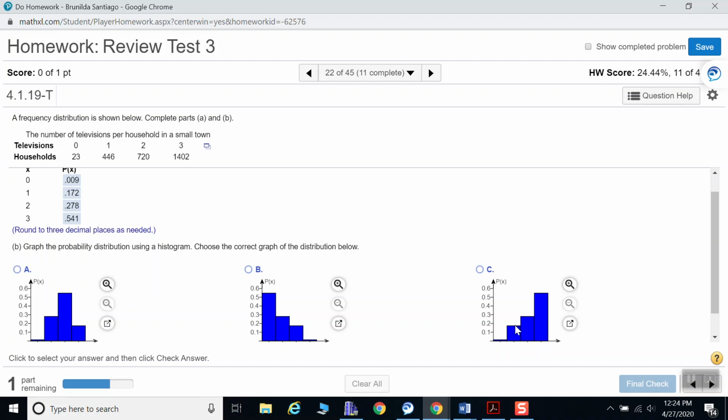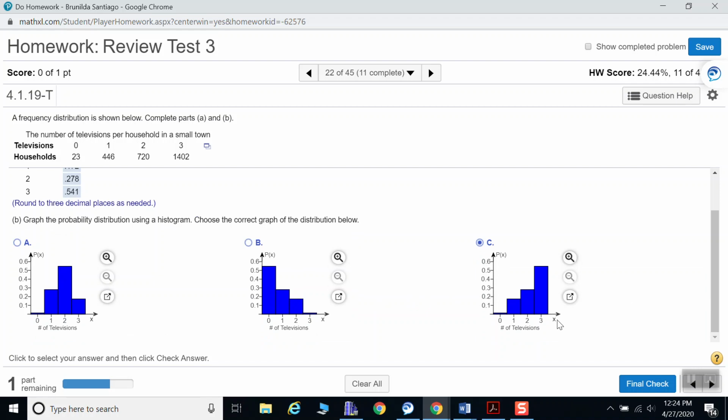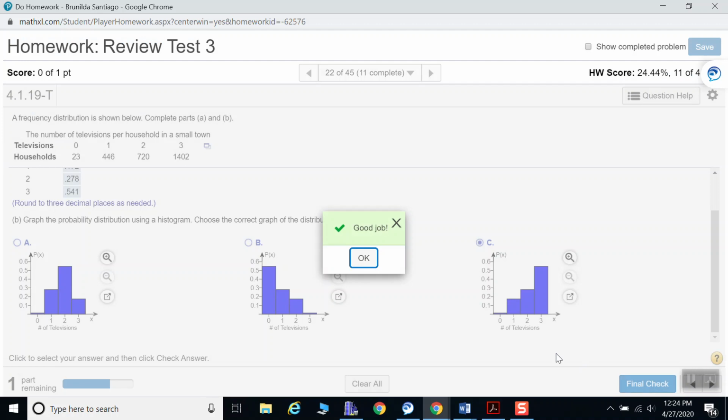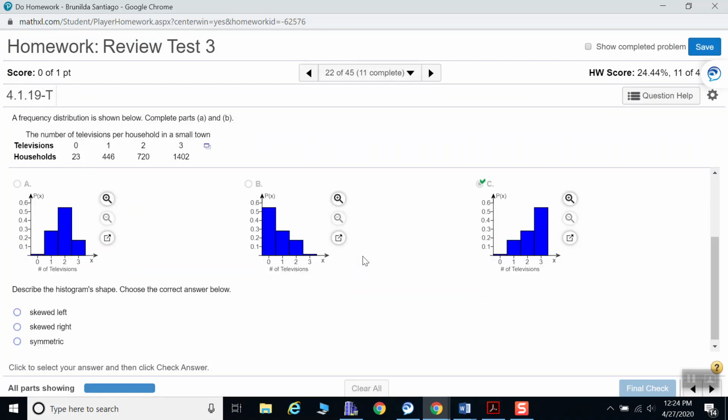So this one follows that pattern. That's why we're going to answer C. This one is reversed, and you can expand it if you want to see, but notice 3 should be the highest, then the 2. So this one is in reverse. The answer that looks more like the table distribution is graph C.